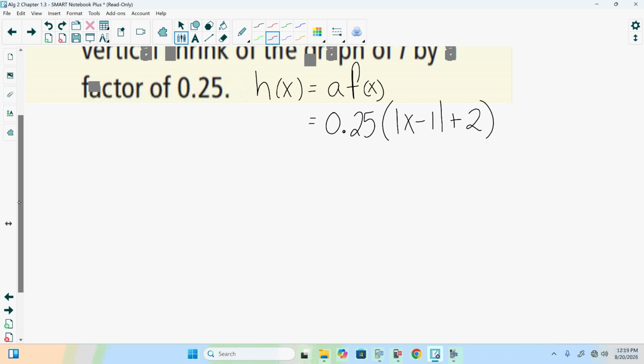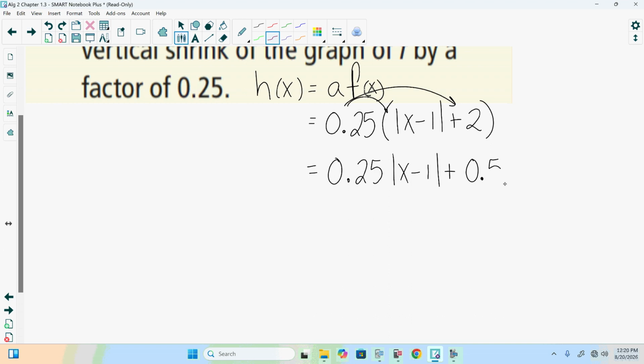Then the next thing we need to do is to distribute this across both of these here. Now our 0.25 times our absolute value is just going to be 0.25 times the absolute value of x minus 1. So we just put it in front. Now we need to multiply our 0.25 by 2, which would be, if we have 2 quarters, yeah, 0.50, 0.5.